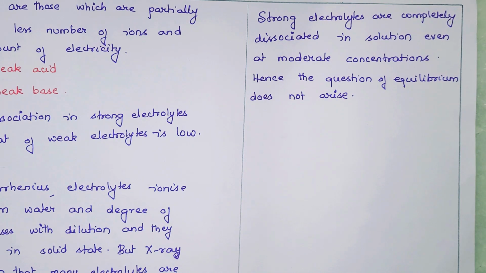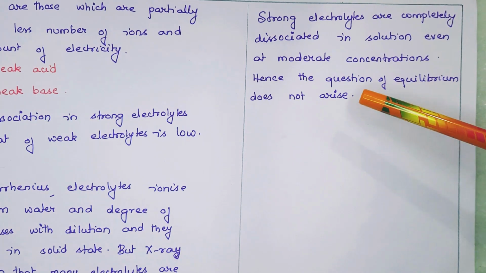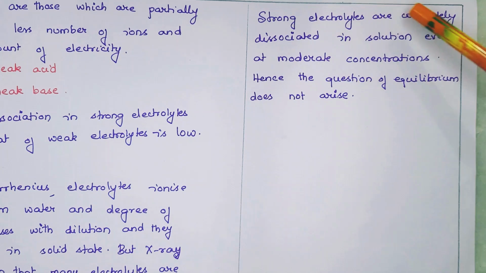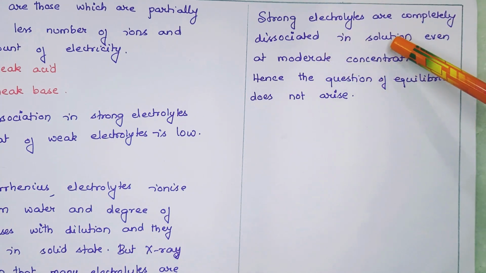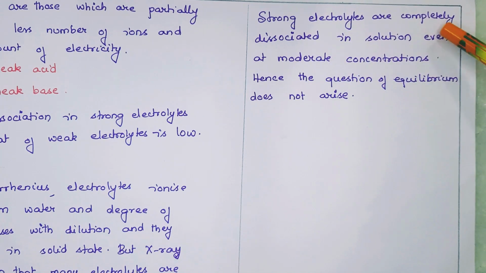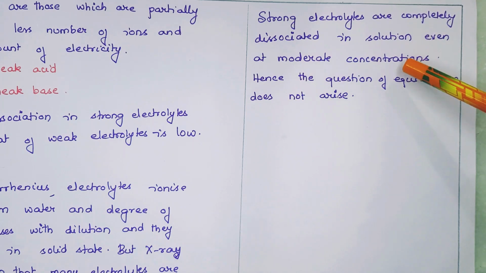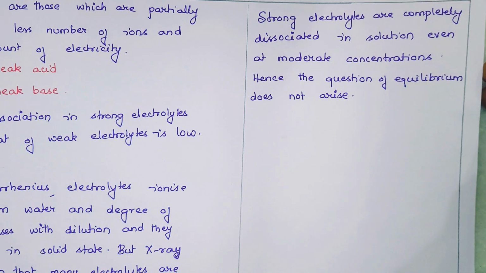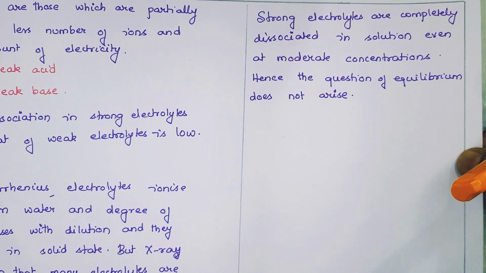So there is no equilibrium between dissociated and undissociated forms. The question of equilibrium does not arise. Why, students? Because strong electrolytes are completely dissociated in solution even at moderate concentrations. So this is the second limitation or defect of Arrhenius theory of electrolytic dissociation.